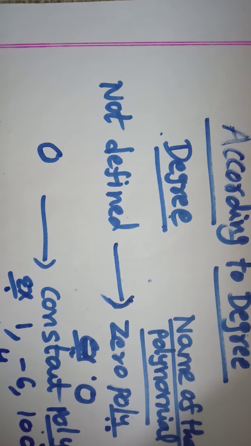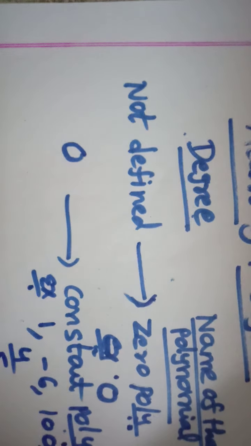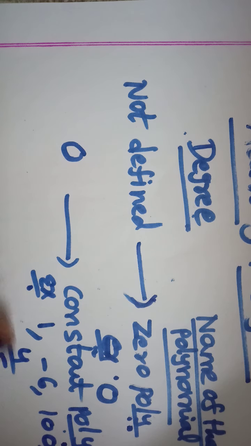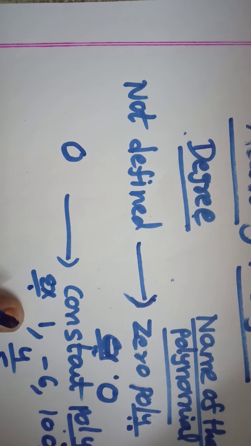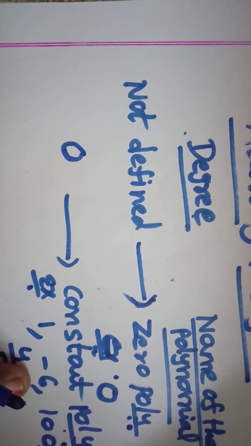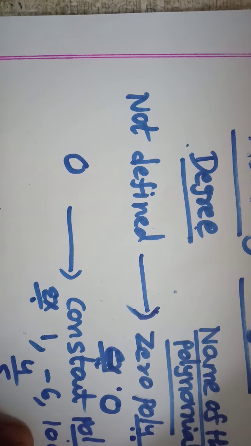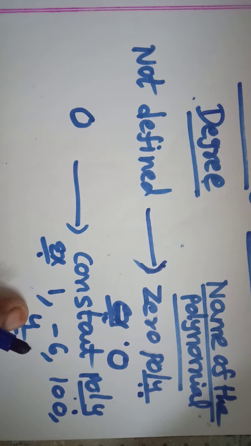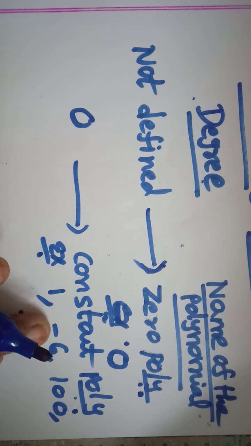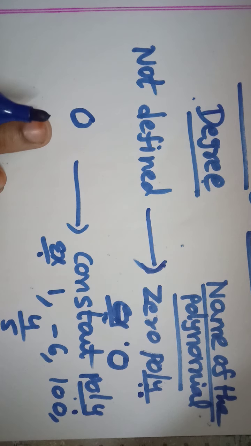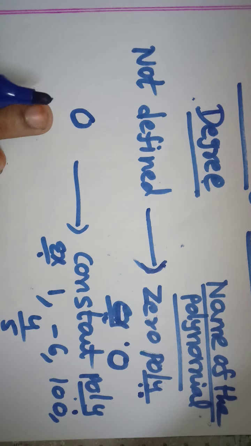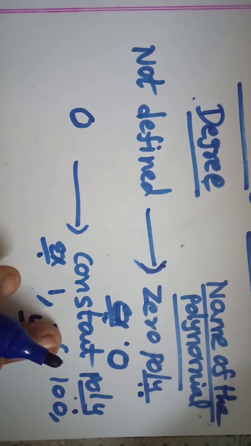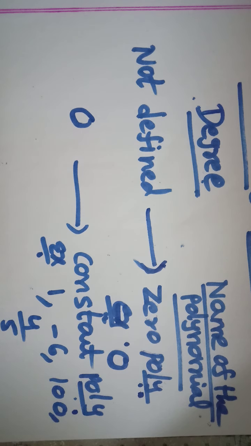Here the degree of the variable is 0. 1 means 1 into x power 0, -6 means -6 into x power 0, 100 means 100 into x power 0. These are all constant polynomials, and their degree is 0. Examples: all constant numbers.